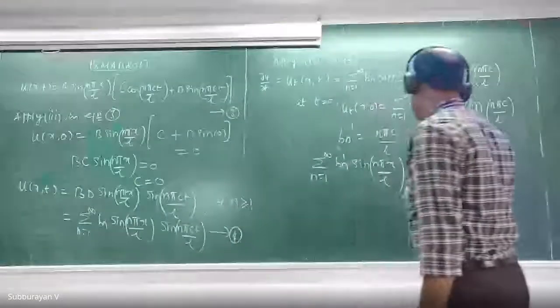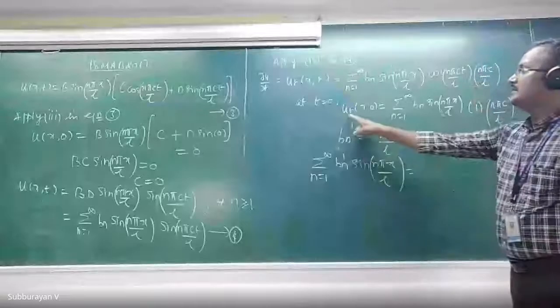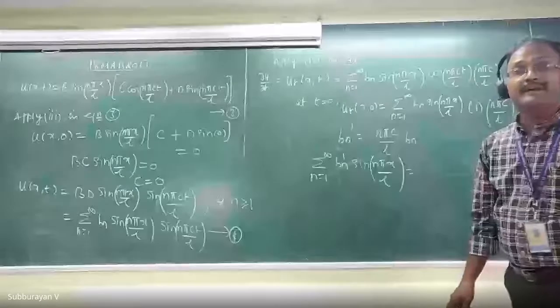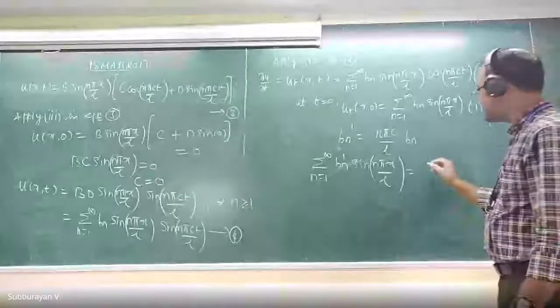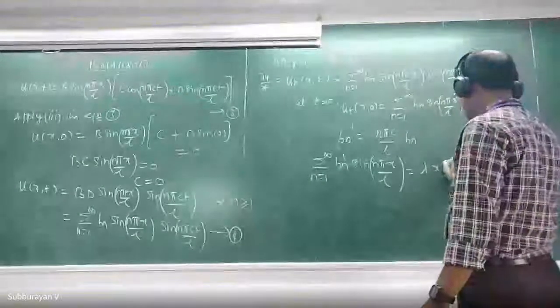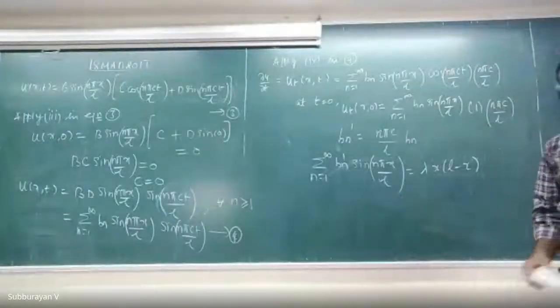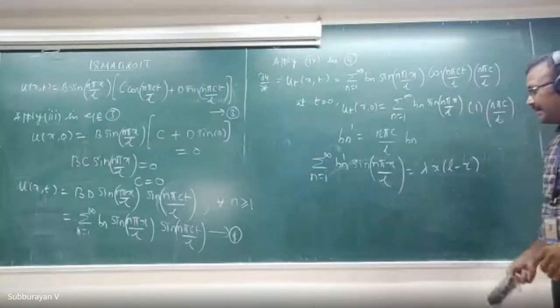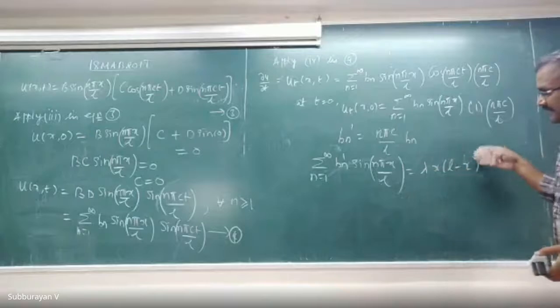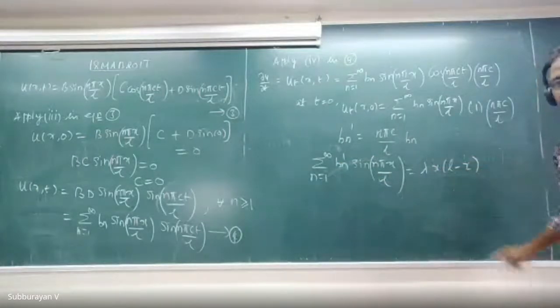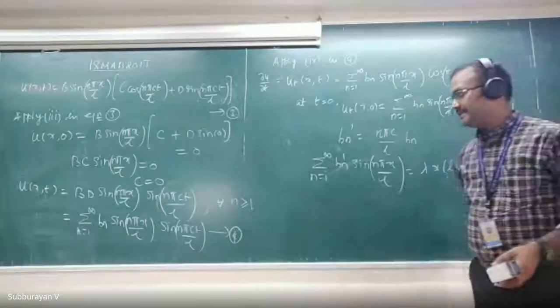But this function is what? When you substitute t equal to 0, ut of x comma 0, that is equal to lambda x into (L minus x). Again, see this function which is expanded as a half range sine series.